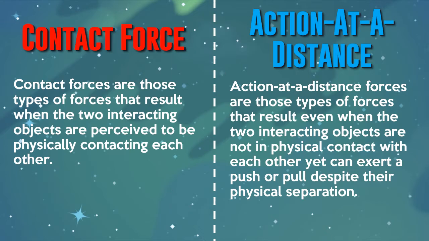For example, the protons in the nucleus of an atom and the electrons outside the nucleus experience an electrical pull towards each other despite their small spatial separation. Magnetic forces are also action at a distance forces. For example, if you have two magnets with you, they can exert a pull on each other even when they are separated by a distance of a few centimeters.